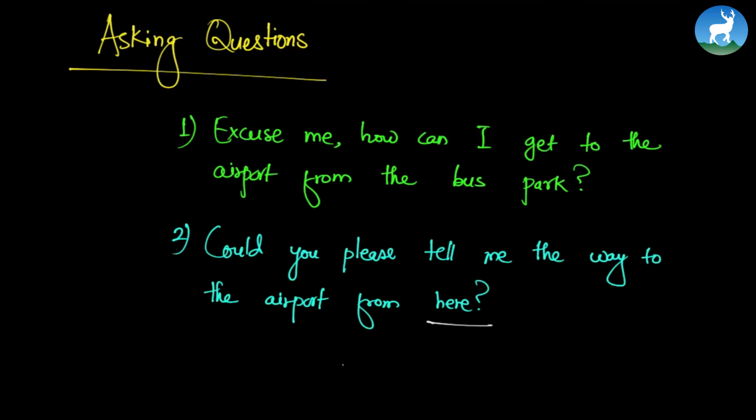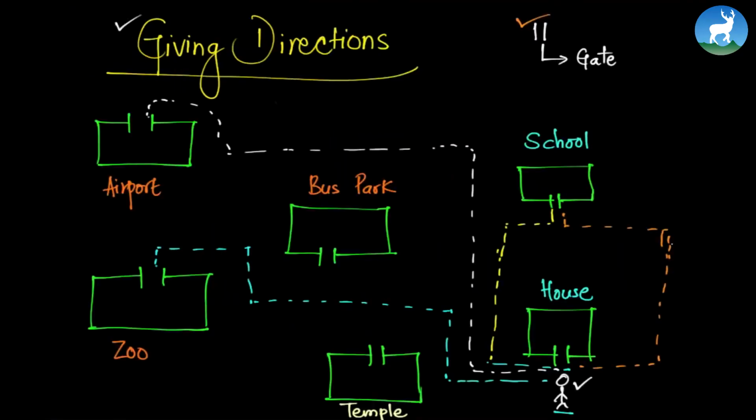Let us now assume that you are at the bus park. Let us go back and look at the city map. This is the map. You are here, and you want to go to the airport. They seem quite nearby, but let's assume that they're quite far away and there are many buildings and landmarks in between them. Now you meet someone, probably a native of that city, and you're new to the city.